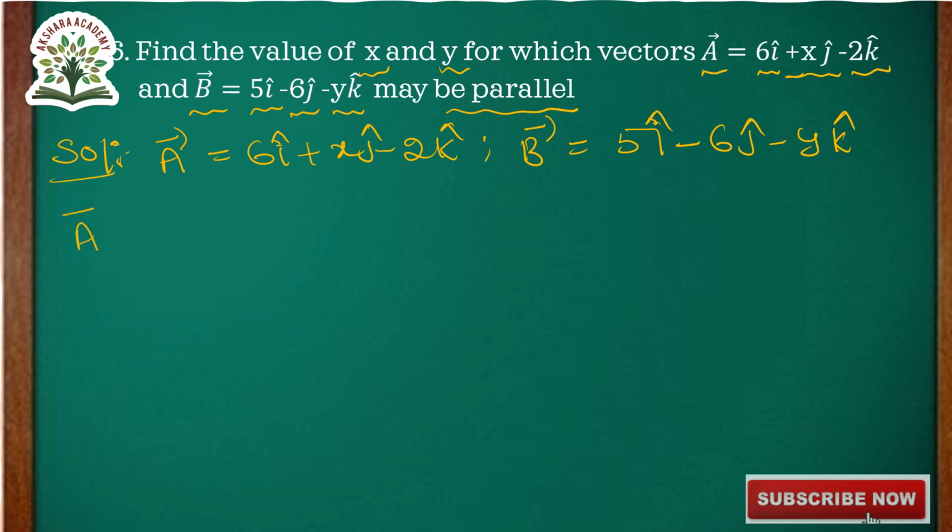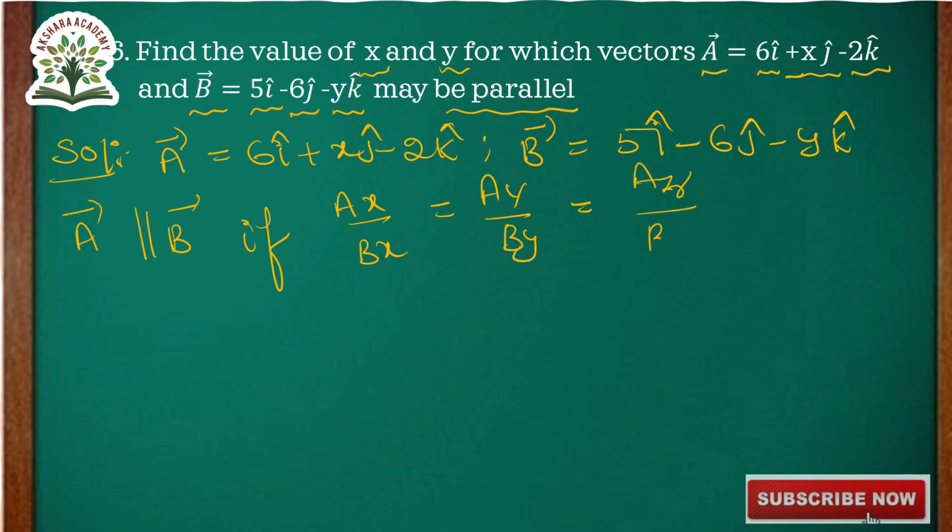So a bar is parallel to b bar if ax by bx is equal to ay by by is equal to az by bz.